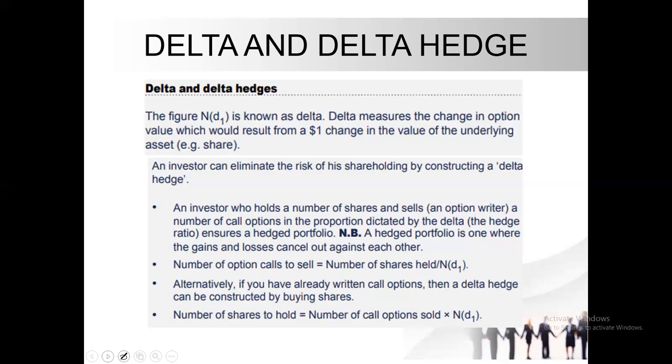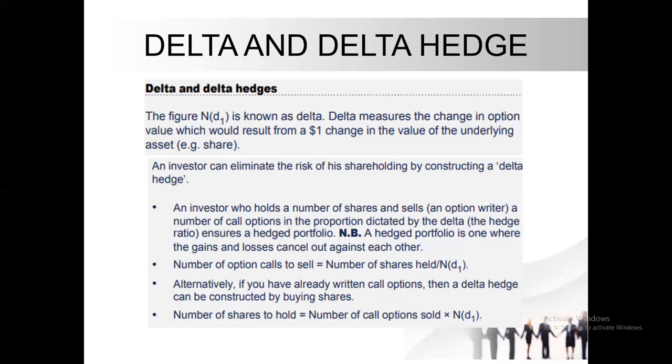For you to know how many options to write, you must know the delta hedge. The delta hedge will give you the number of options that you must write, such that should the price drop, then you can sell those shares.